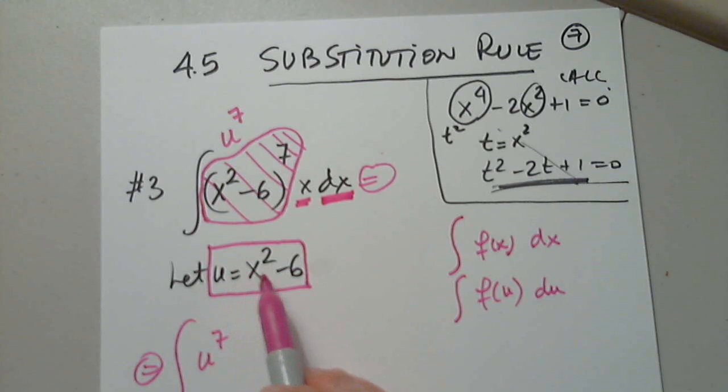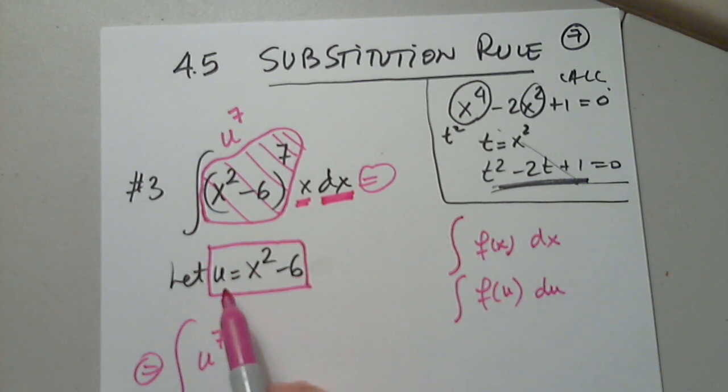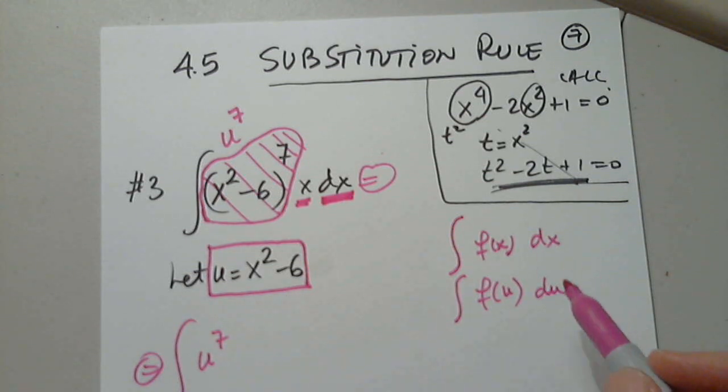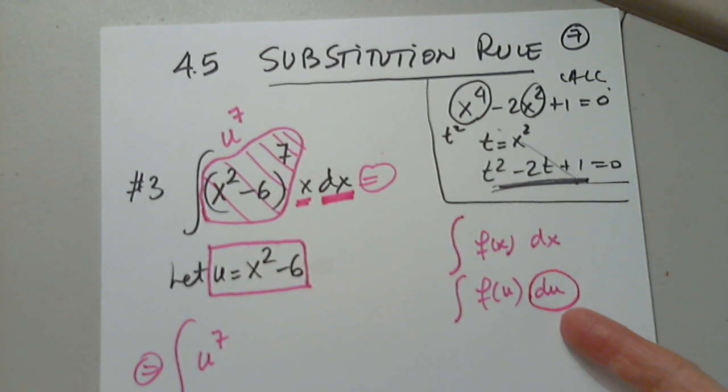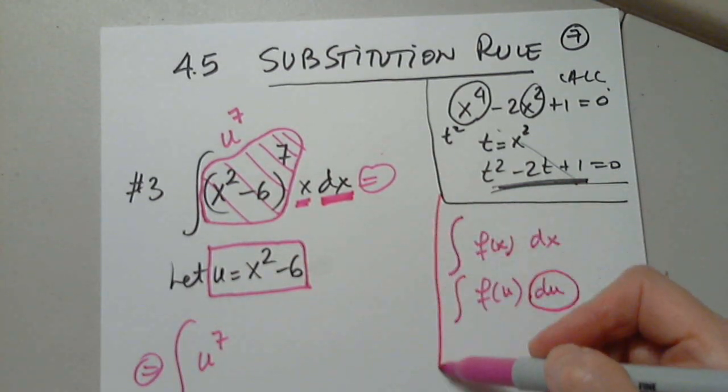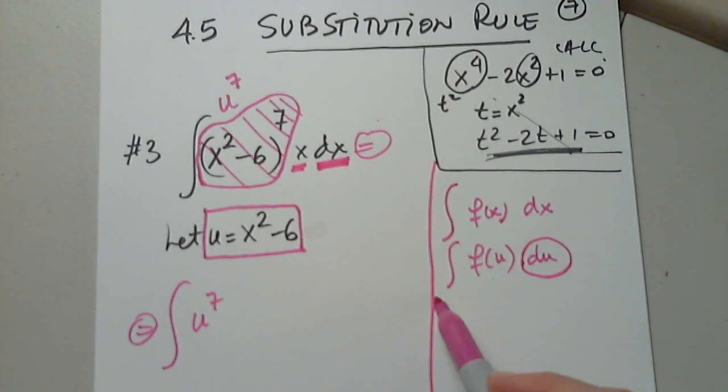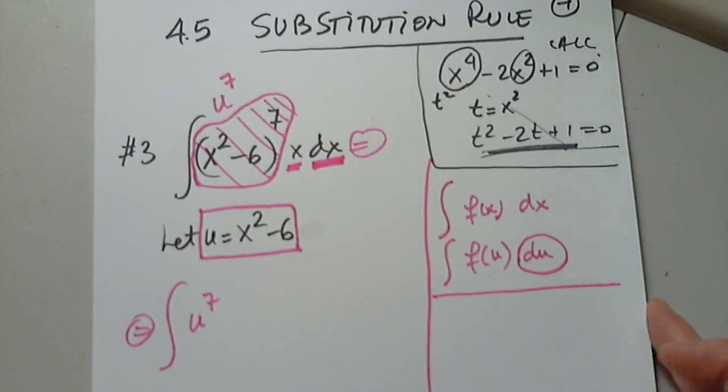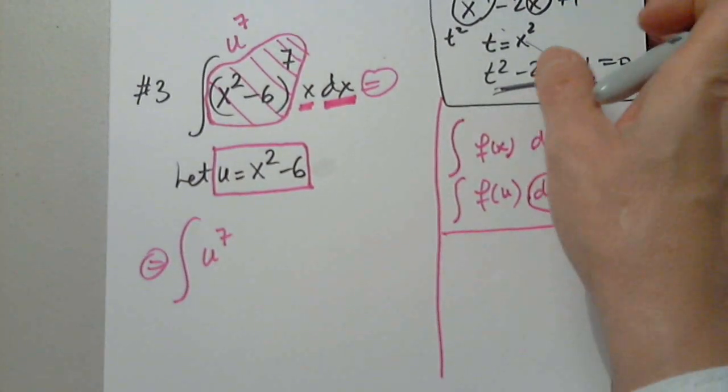Remember, this is a function, x squared minus 6. Its derivative will be 2x, but I don't want its derivative. I want its differential. We discussed that many times in the past, so let me refresh your memory.